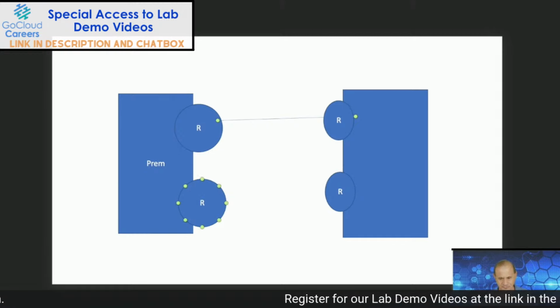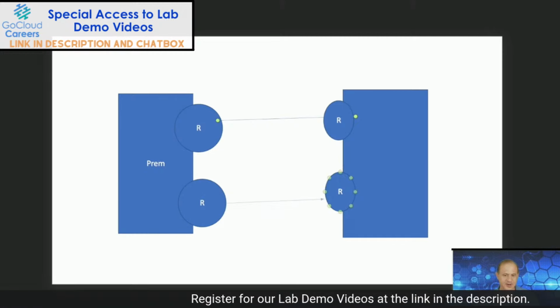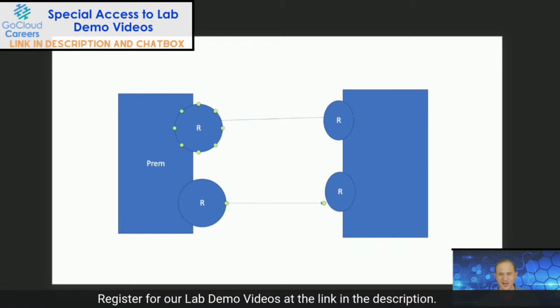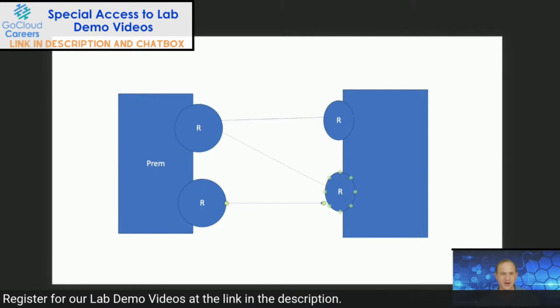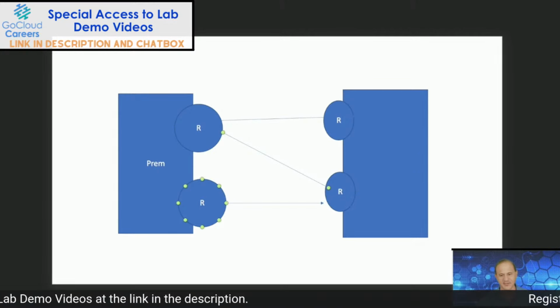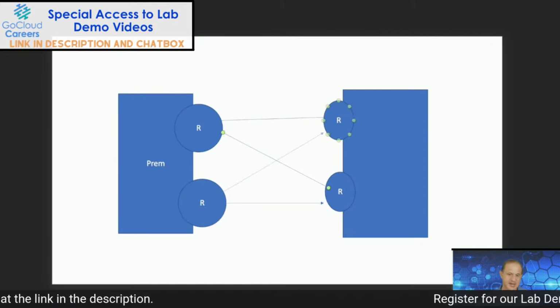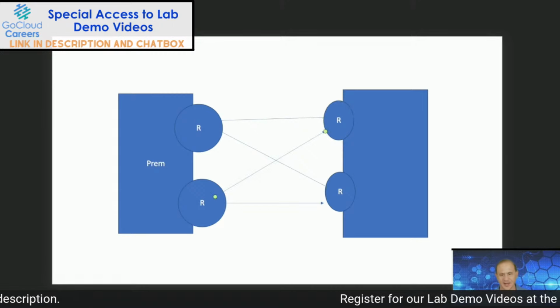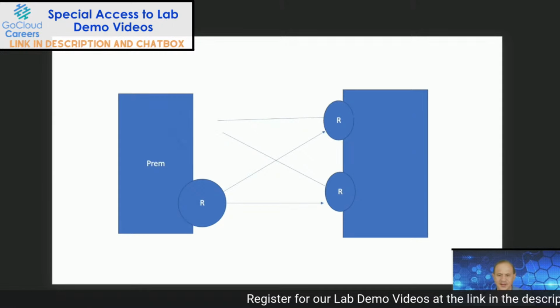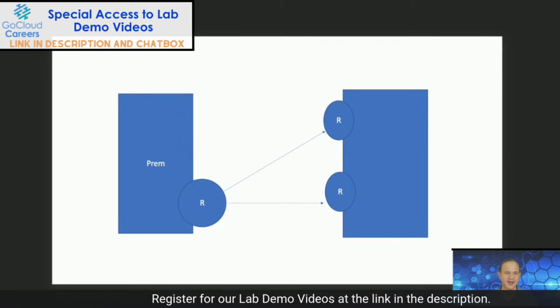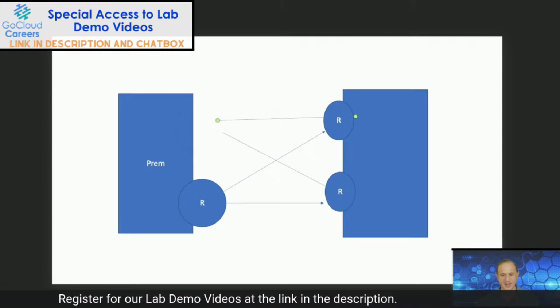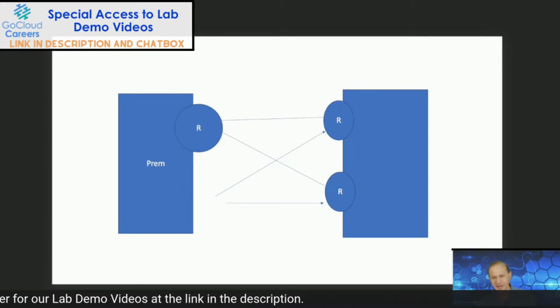Now, because we're not using one, because one is a single point of failure, we've got a logical connection from both. So now we've got high availability, because each connection builds 2. Now, if this router goes away, no big deal. We're still up and around. If this router goes away, no big deal.